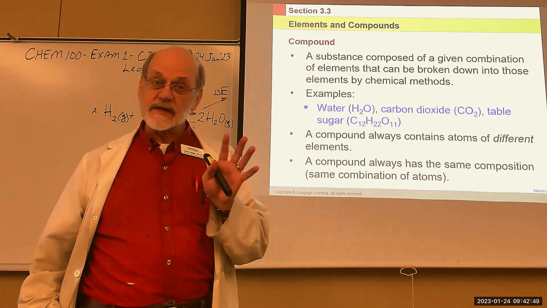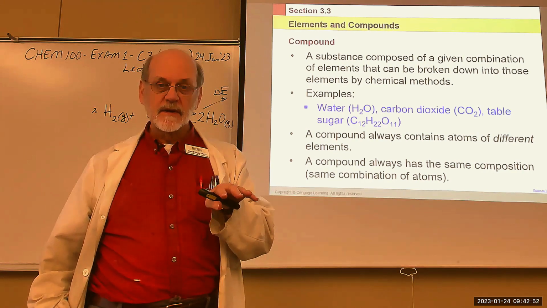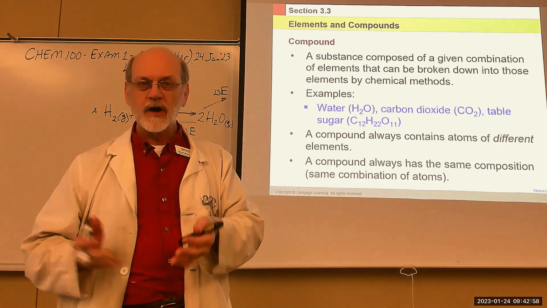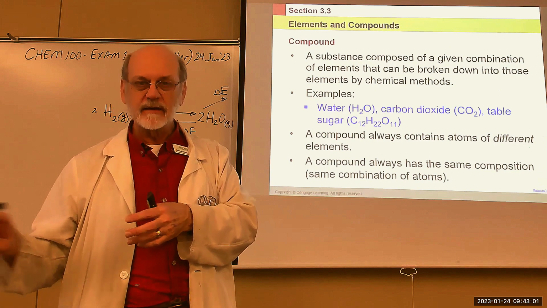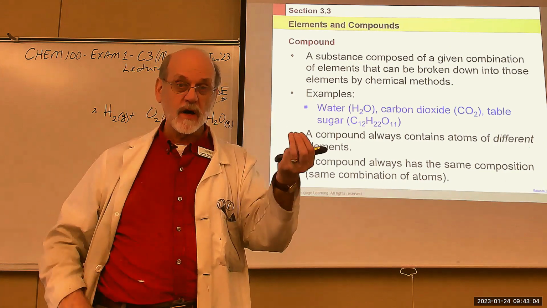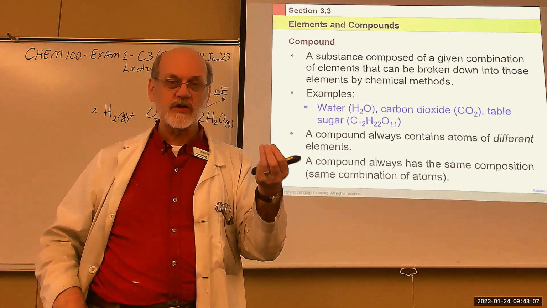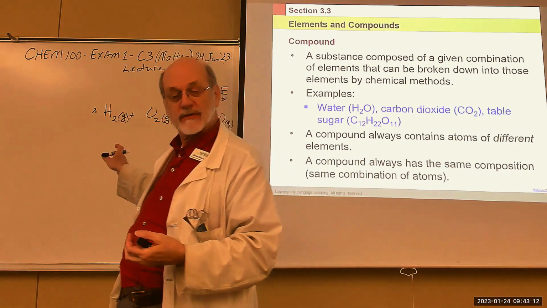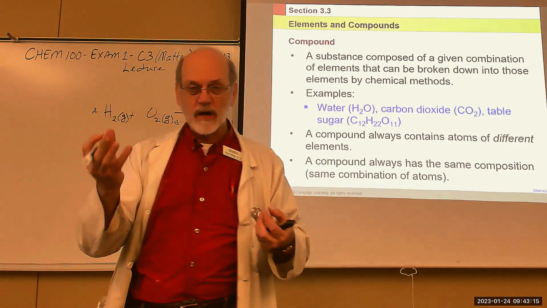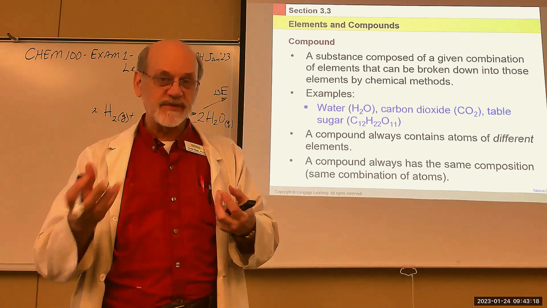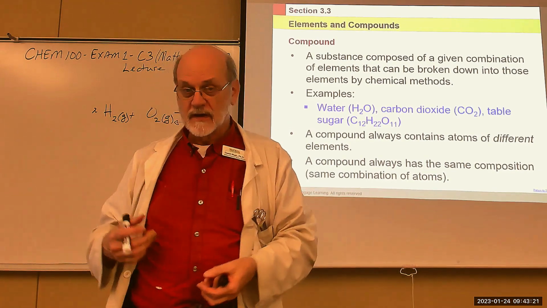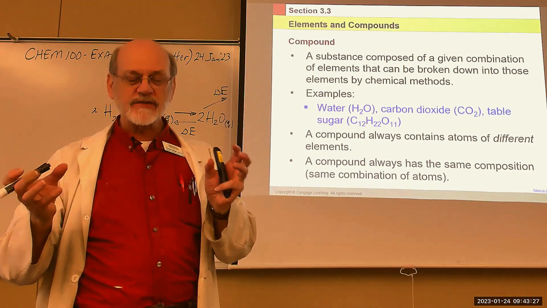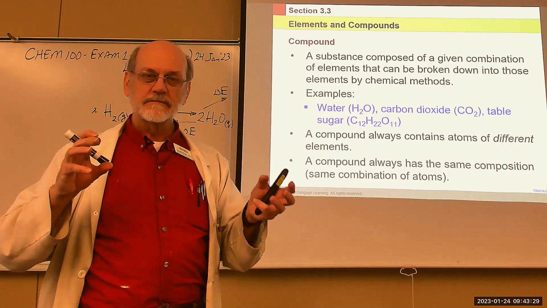All it says is that these compounds, no matter what their source, in fact, you could purify water from the lake, and that would be water of a certain composition, a mass ratio of hydrogen to oxygen. You could make water by burning hydrogen and oxygen, and that water will have exactly the same mass composition as the other water. So once the compound is identified, that ratio of mass of element to element is fixed.